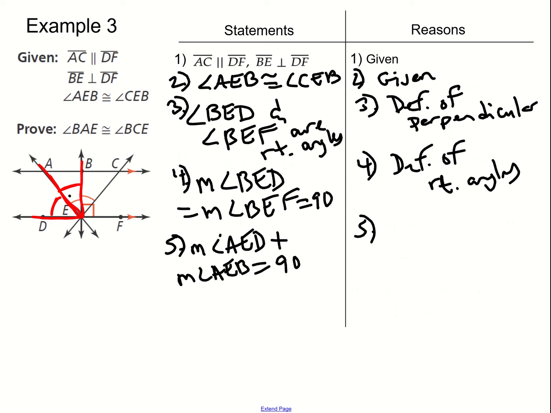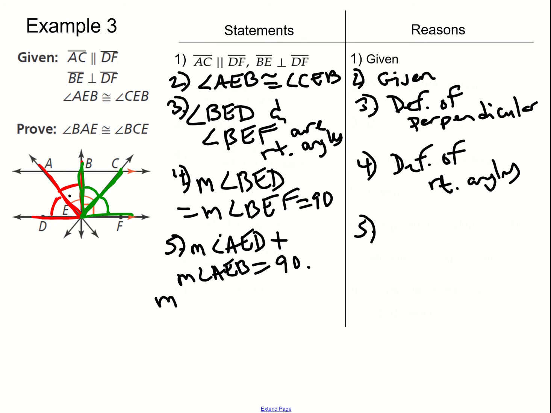Similarly, CEF has to add up to BEC in order to get the right angle as well. So these two little angles have to add up to 90 degrees as well. So we're going to write that down for our next statement too. And we'll keep it in one statement because they're both the same kind of thing.